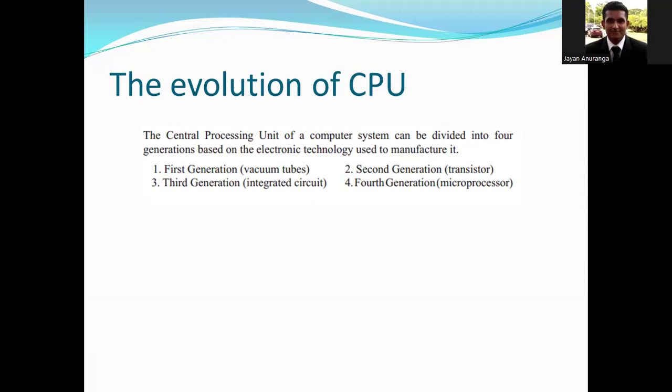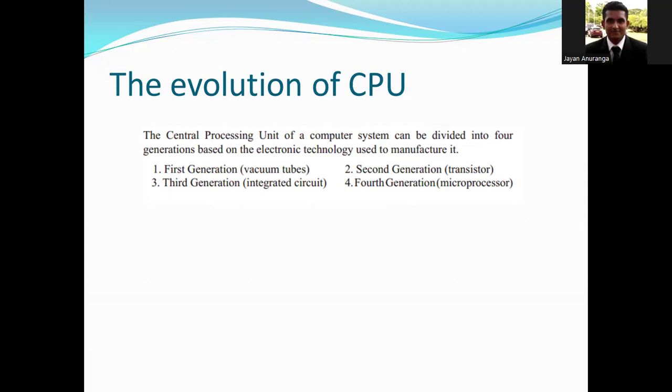So, in the evolution of technology, the computer brain, considered as the CPU, used different kinds of technology to develop it. For the first generation, the technology used for the CPU is vacuum tubes.